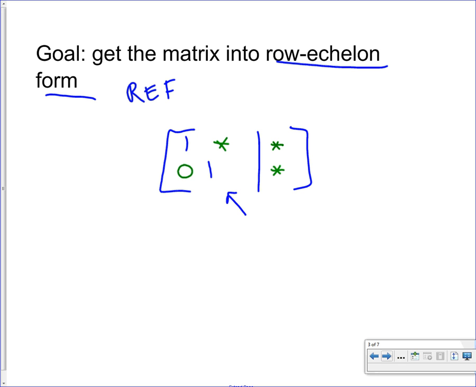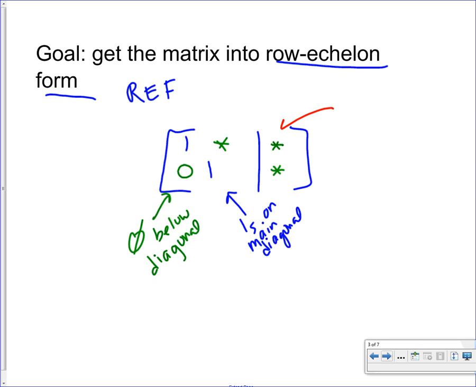So we have our 1s on the main diagonal. We have a 0 below the main diagonal. That's a 0, so you can tell the difference between a 0 and an O. And everywhere else, we can have any number. It could be 1, 0, positive, negative, any number at all.